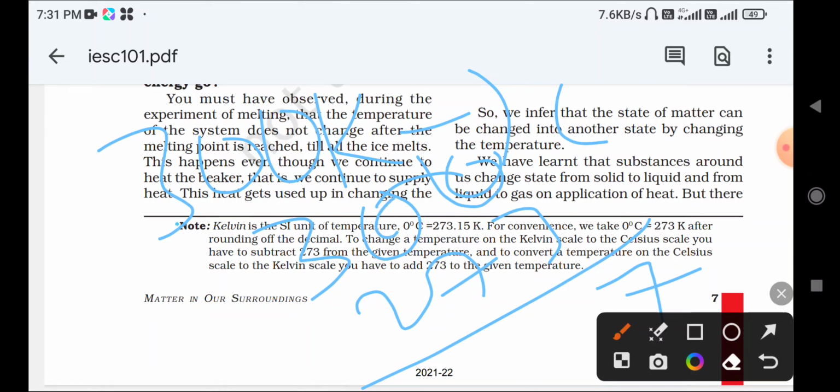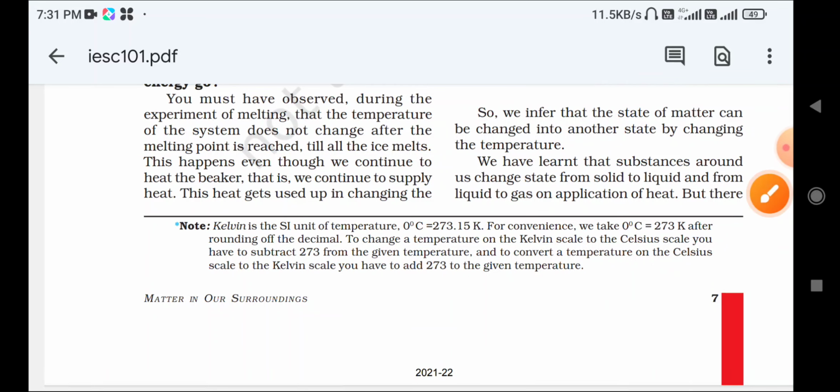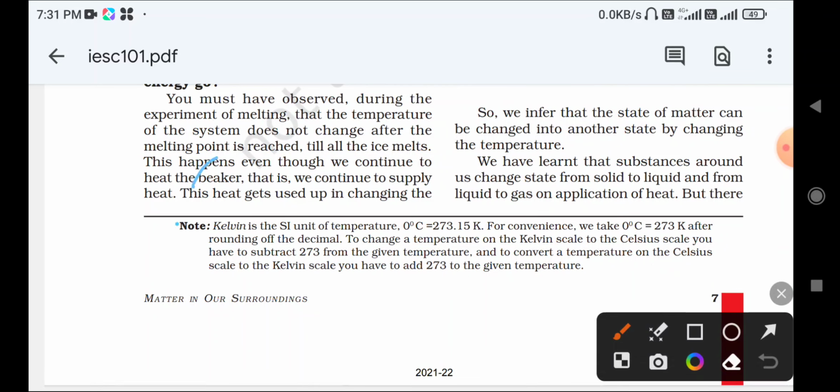Here 9 is there, from which 1 was borrowed, and this value is taken from the 0, so it becomes 9. 9 minus 7 is equal to 2. Then 2 minus 0 is 2, so the value is 27 degrees Celsius.